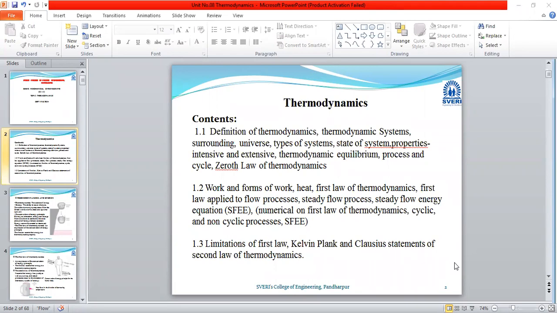So if you observe here, this chapter is divided in two parts.